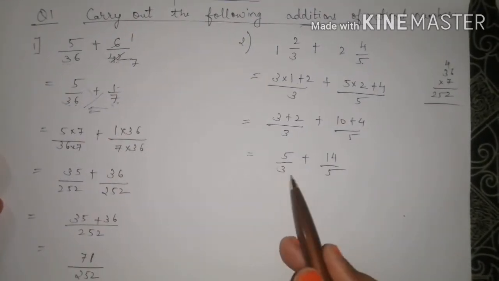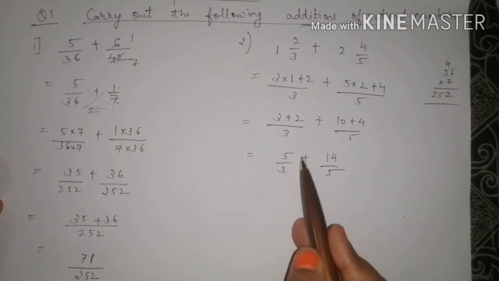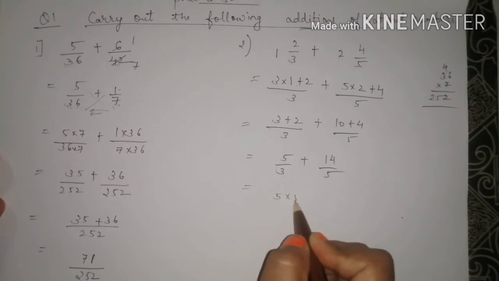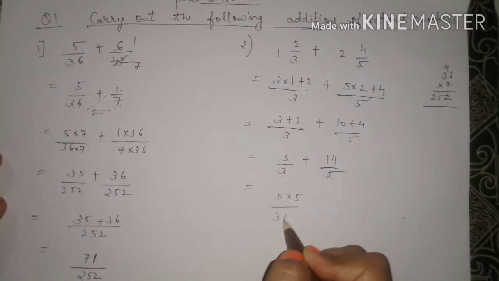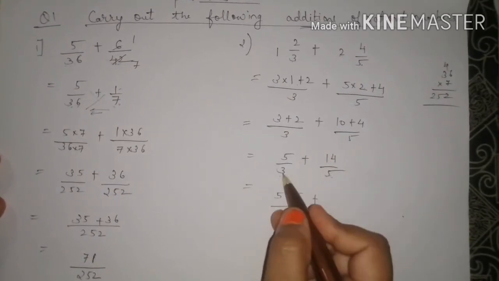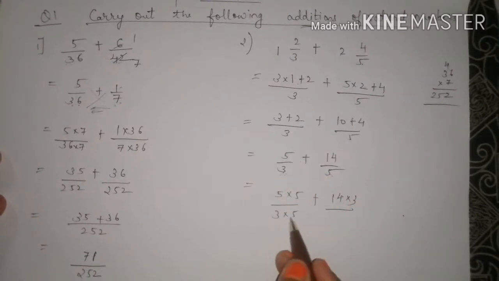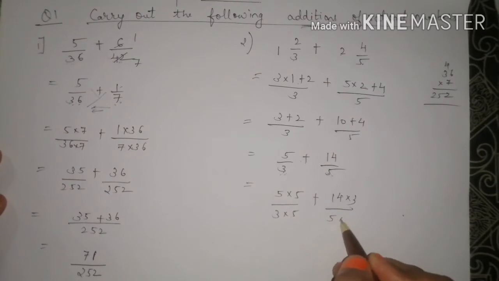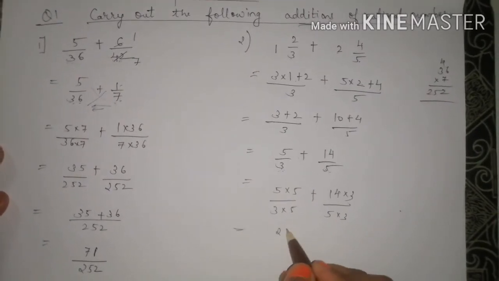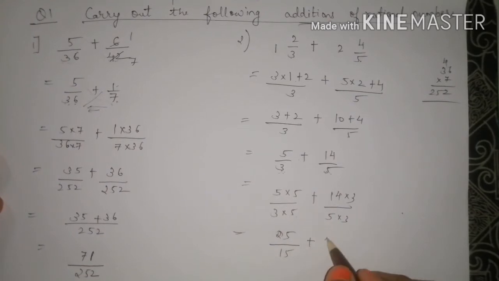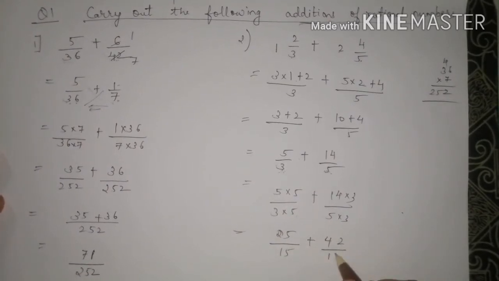Now check the denominators. Denominators are not the same: here it is 3, here it is 5. Again we will go for cross multiplication. 5 into 5 upon 3 into 5, plus 14 into 3 upon 5 into 3. So 5 fives are 25 upon 3 fives are 15, plus 14 threes are 42, upon 5 threes are 15.